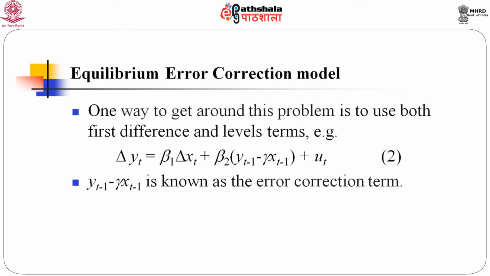So, what is the basic idea of the Granger representation theorem? It basically shows that if you support the idea of co-integration, then that will be represented by an error correction mechanism. That is, there will be an automatic error correction process in the system that will bring yt and xt back to the equilibrium relationship or co-integrating relationship if any shocks occur to the model.